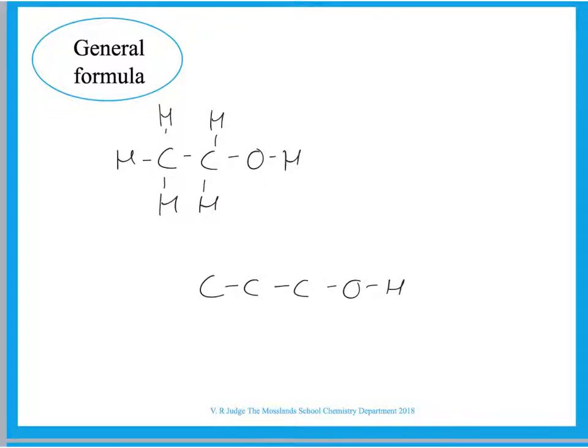So if I just show you an alcohol, displayed formula, that's one alcohol. There's another alcohol. And you can see that really the difference between them is just that the chain length gets longer by one lot of CH2.